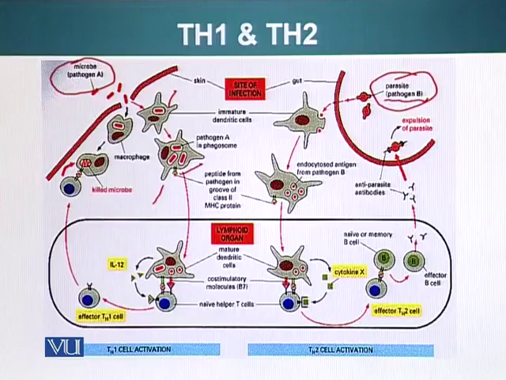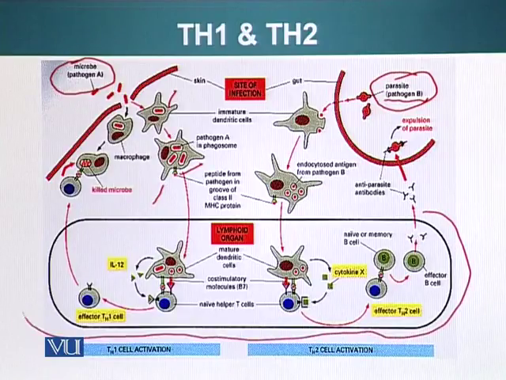So now our dendritic cell is going to mature and it is going to translocate to the peripheral lymphoid organ, which is this whole entity. So here, the dendritic cell, in case of our pathogen A, will encounter the helper T cell.